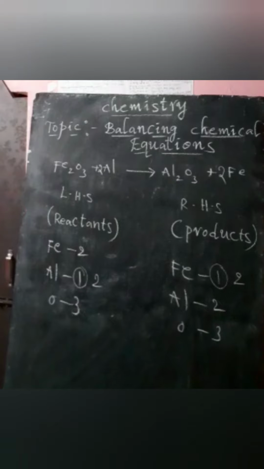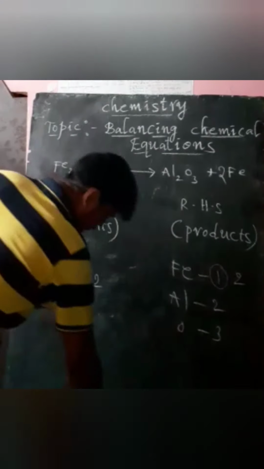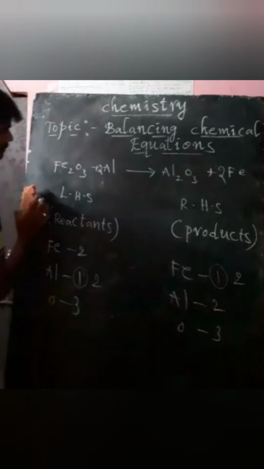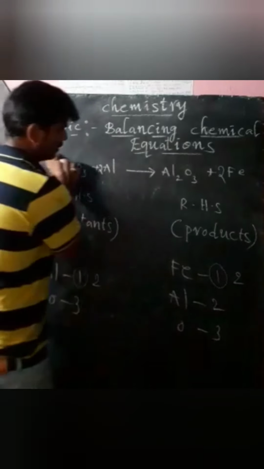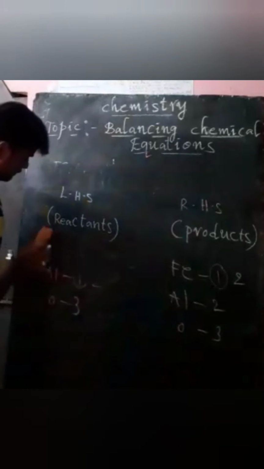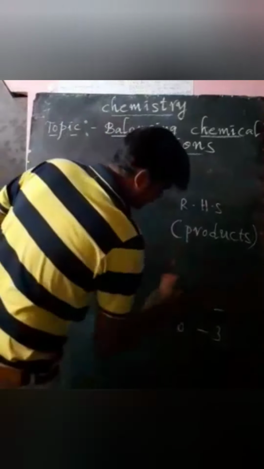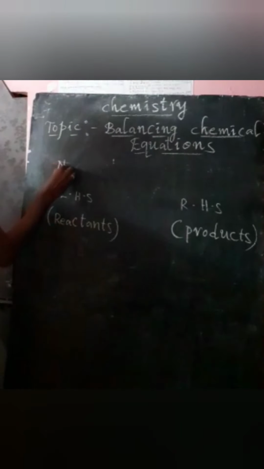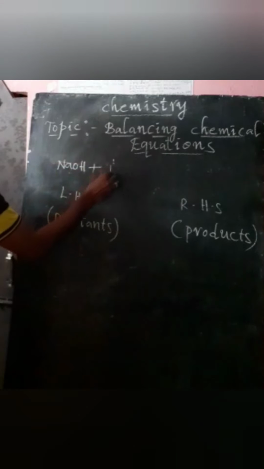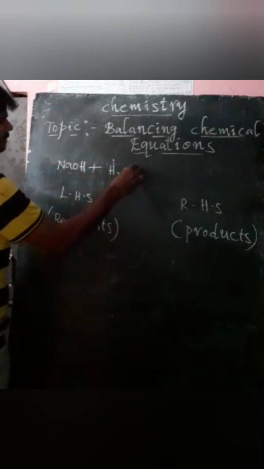Let me tell you one more example. We know sodium hydroxide is a base which is used in the manufacturing of soaps. Sulfuric acid is an acid used in car batteries and inverters.